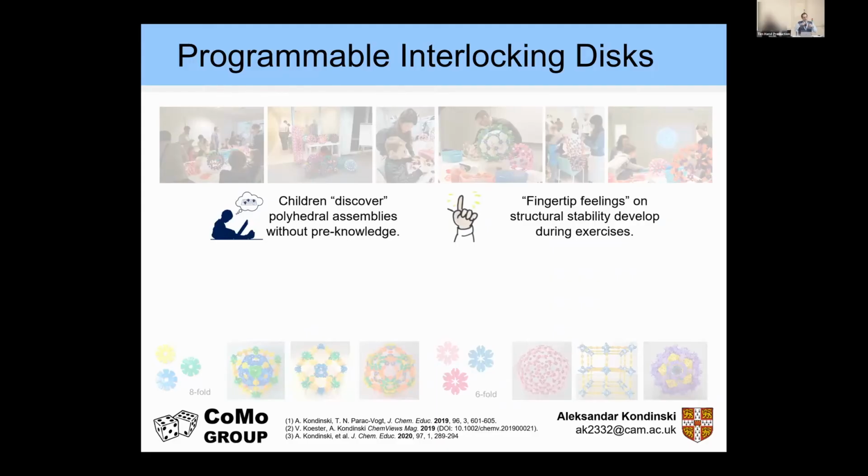They are able to design, for example, a tetrahedron without having seen one before. The other point is that people know when they hit a limit, because when you design you hit some strain, so you develop this so-called Fingerspitzengefühl. You get the fingertip feeling of whether the structure is stable or not.